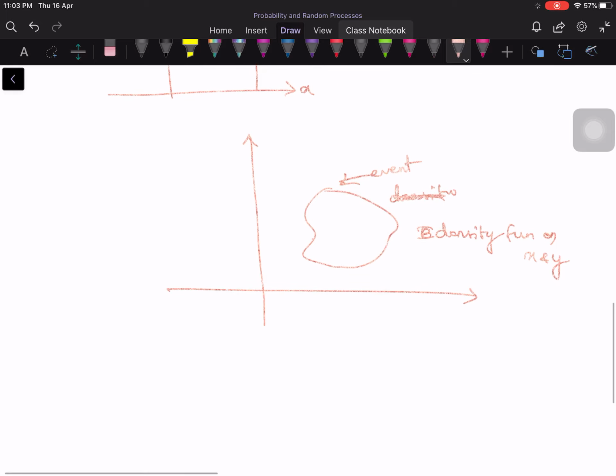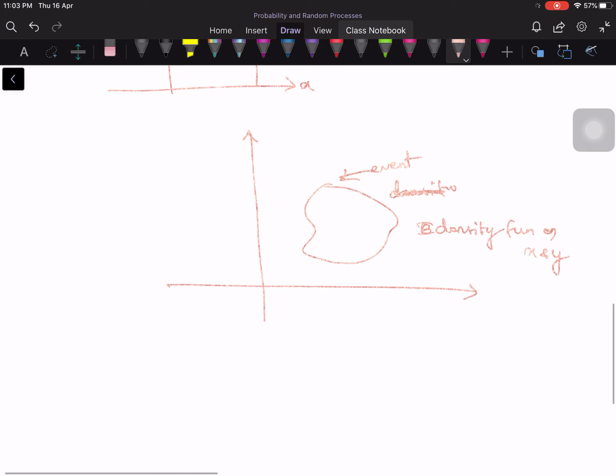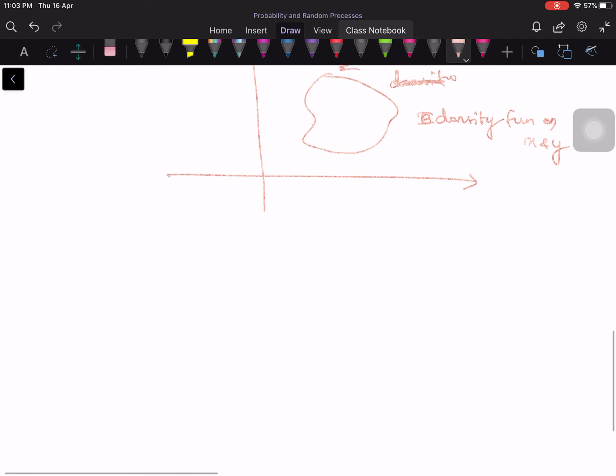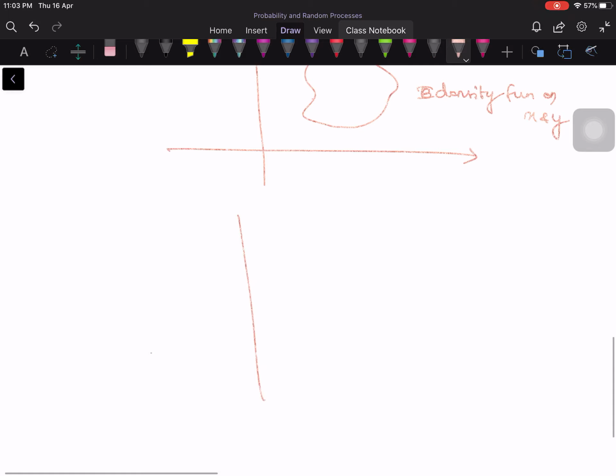Now we need to find out the probability from this density function in the two-dimensional plane. For an intuitive interpretation, again it is good to think about small events. Let us take a small event. So I will take this little x, and this is x plus delta. So this is the x-axis and this one is the y-axis.